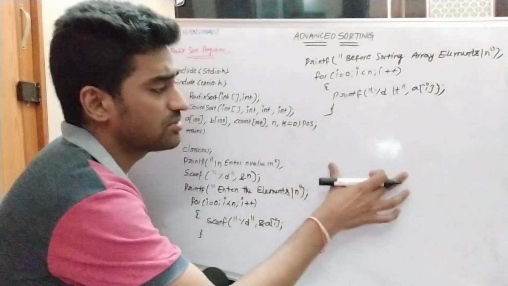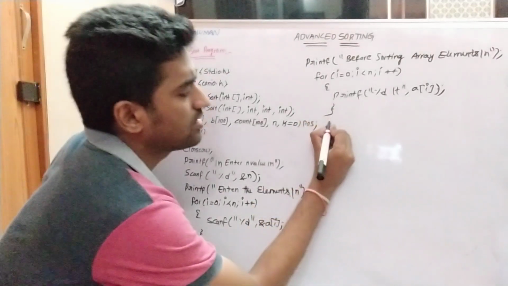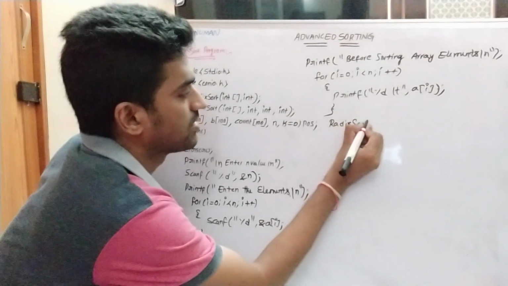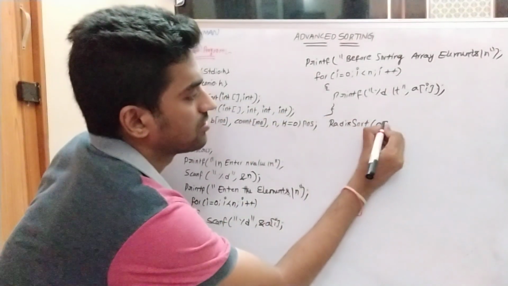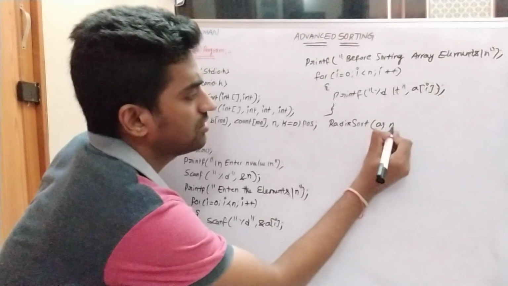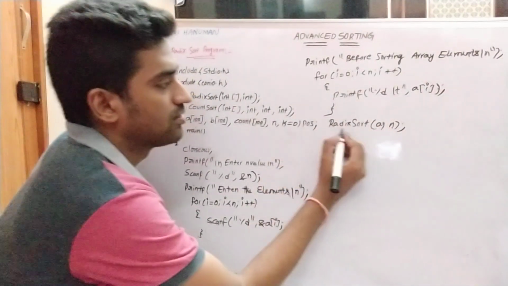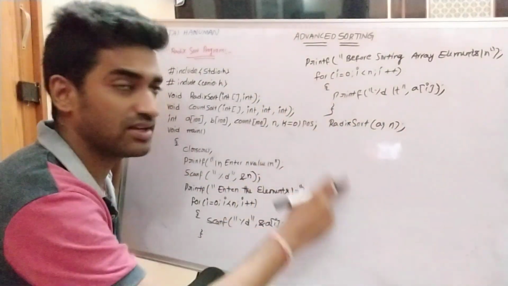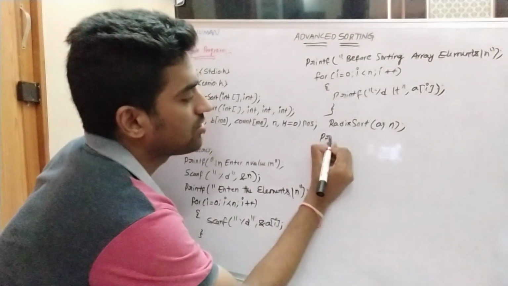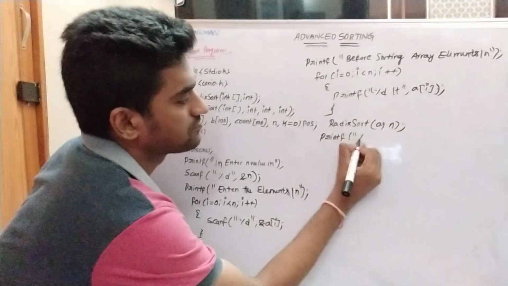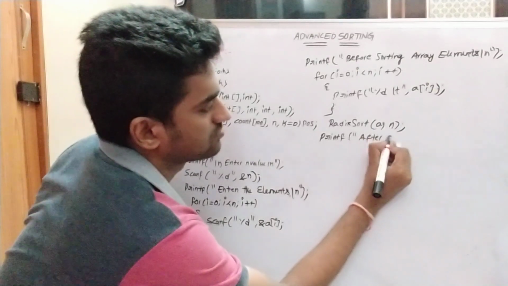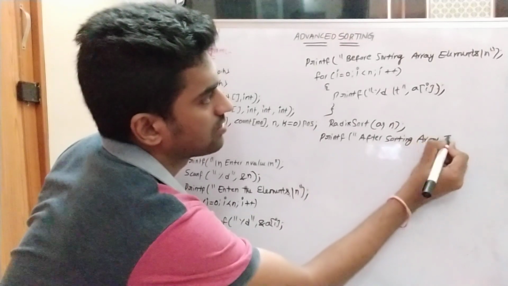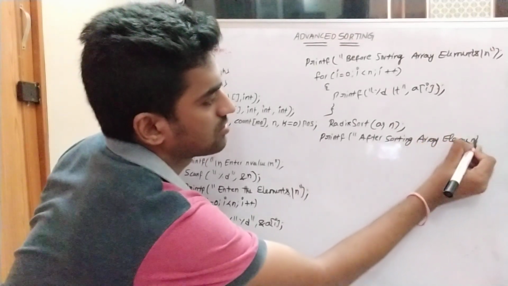So after sorting all the elements, we can print, right? First of all, I am calling radix sort along with the array name, comma, n value. Once the process has been completed in radix sort, the result will be retained in the main function. So here I am printing "after sorting array elements".